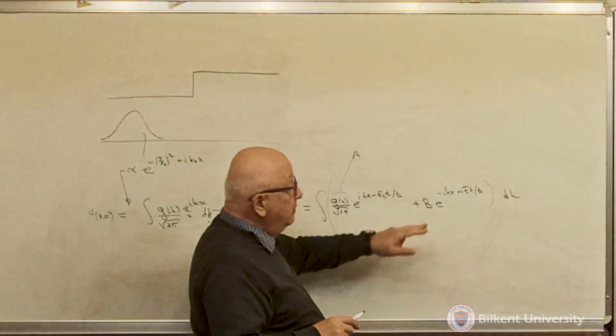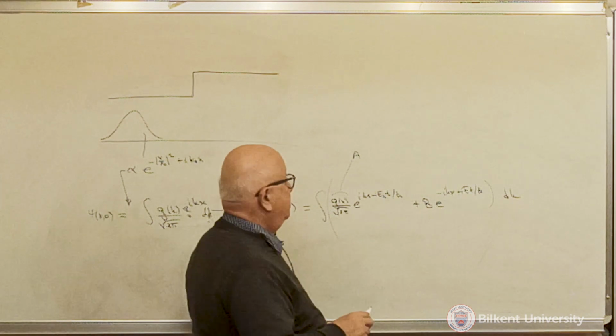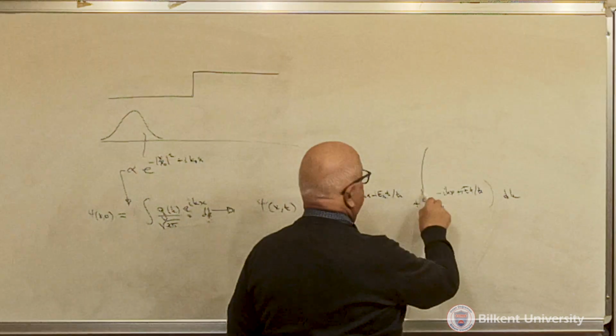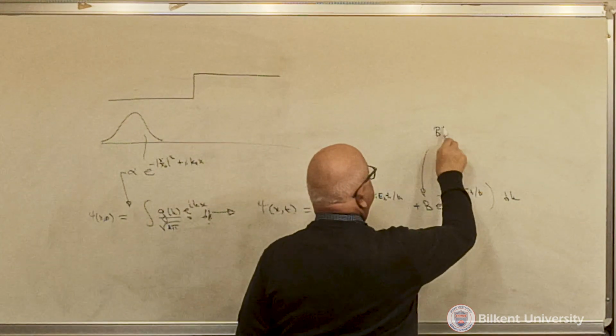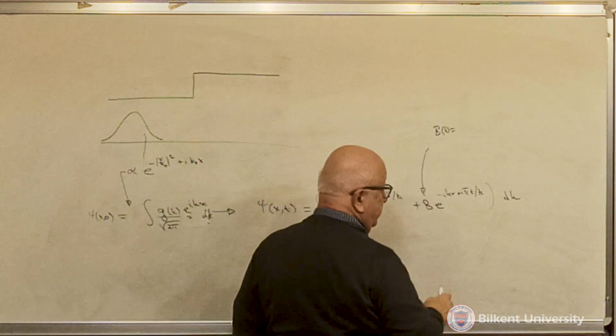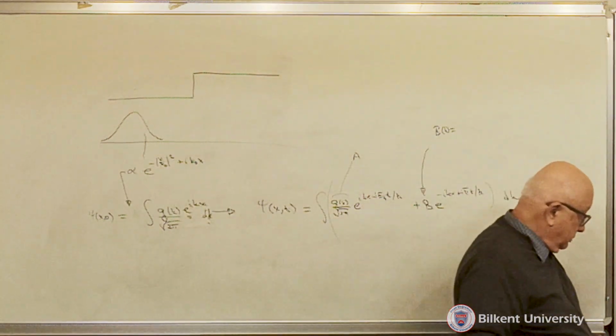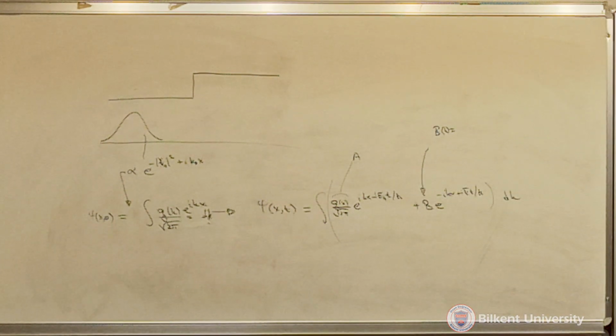So what is this b? This b is going to be a discontinuous function. So this b of k is going to be equal to, I hope I haven't lost all of my a's and b's and such things, but I think I can recover.